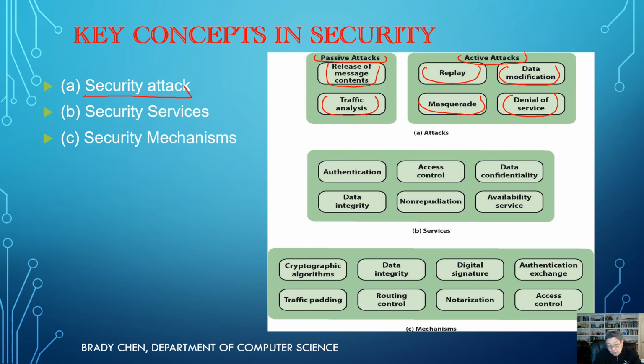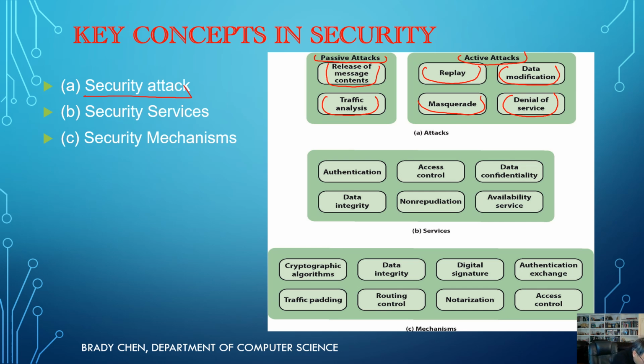Okay, now denial of service is a kind of attack where they cannot break the system, but they provide a lot of actual traffic to eventually block legitimate users from accessing the system. That's also an active attack. Okay.